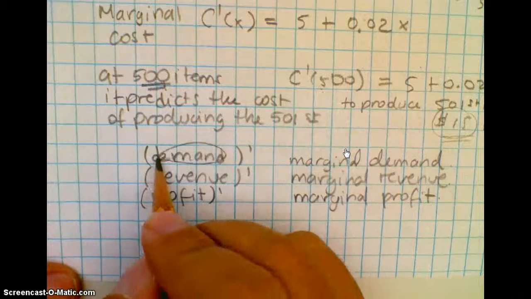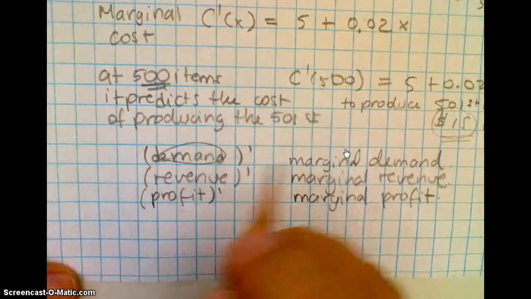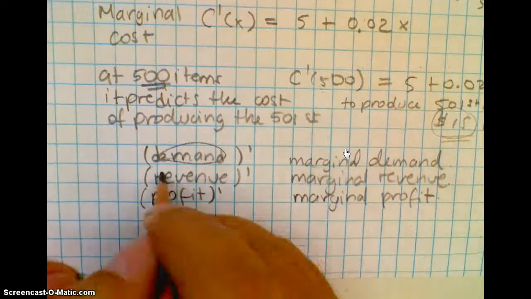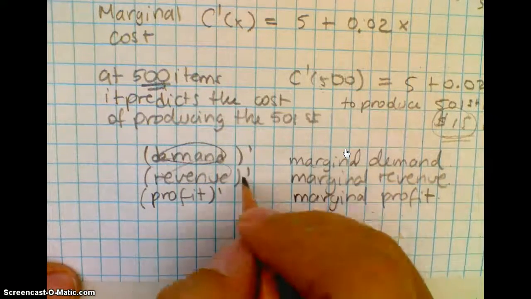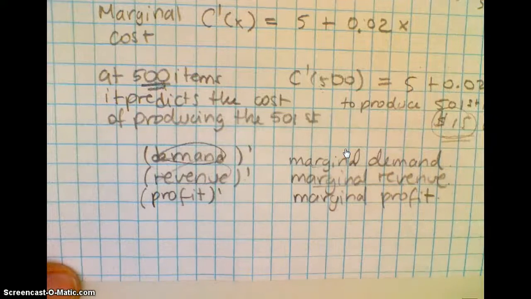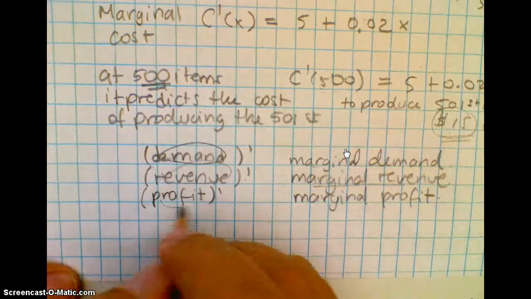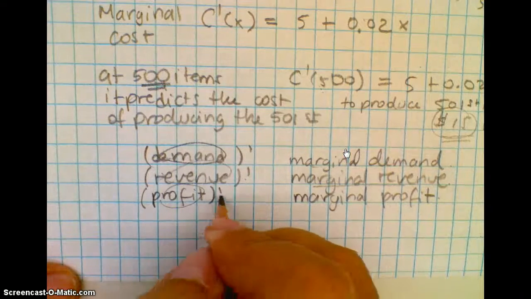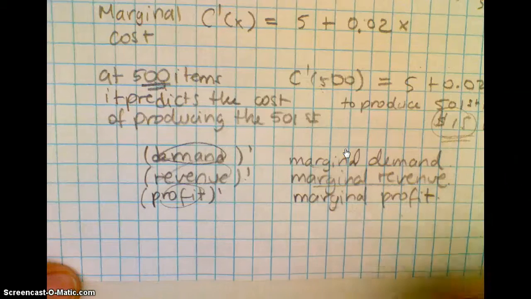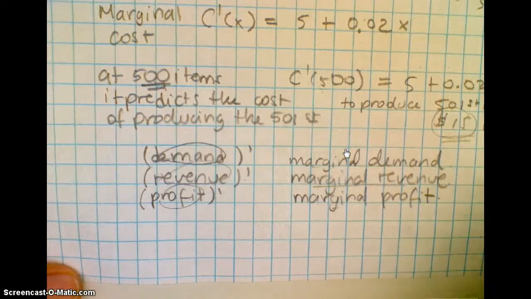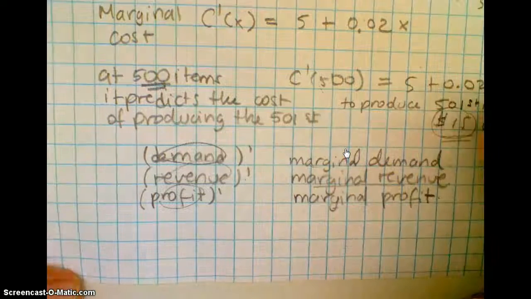If I have an equation for demand and I take the derivative, I have marginal demand. If I have an equation for revenue and I take the derivative, I'm talking about marginal revenue. And if I have an equation for profit and I take the derivative of that, that will be called marginal profit. So in the examples that you do in the book, you're going to see the power of the derivatives.